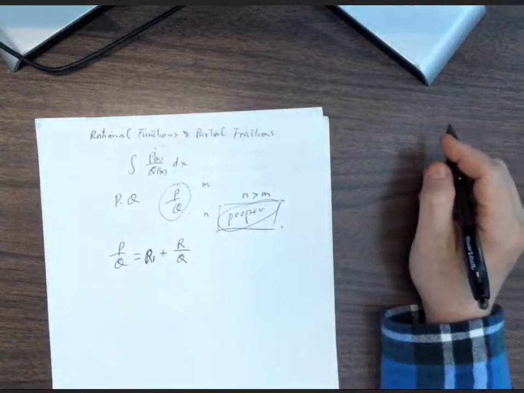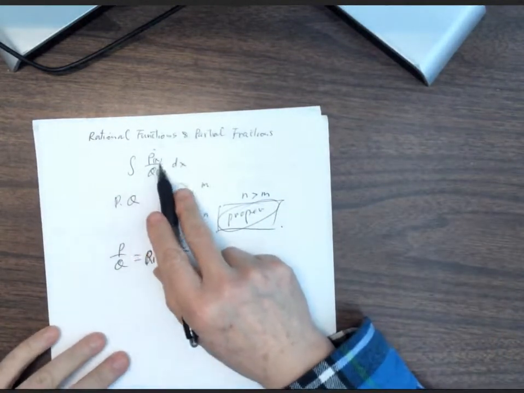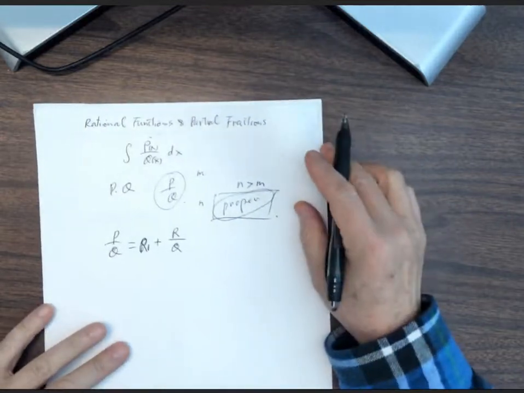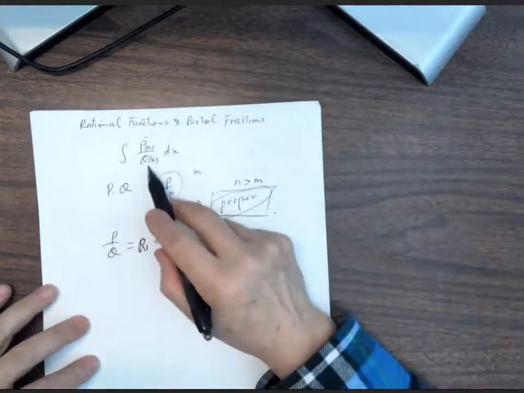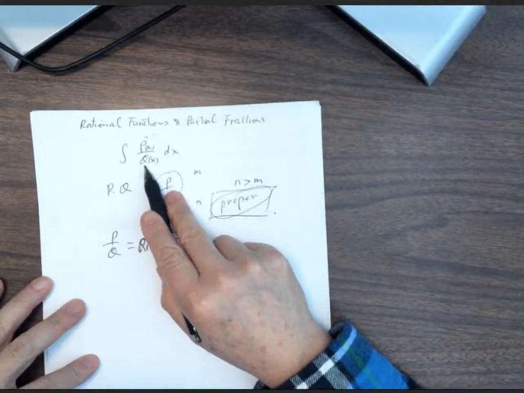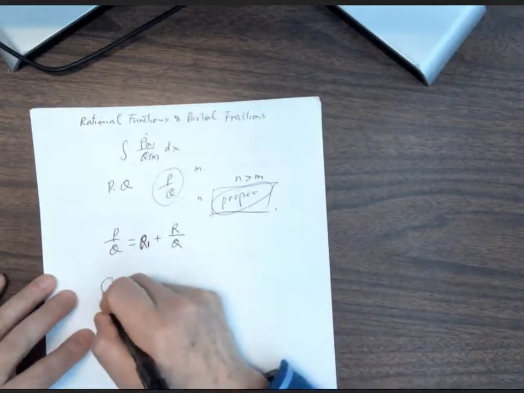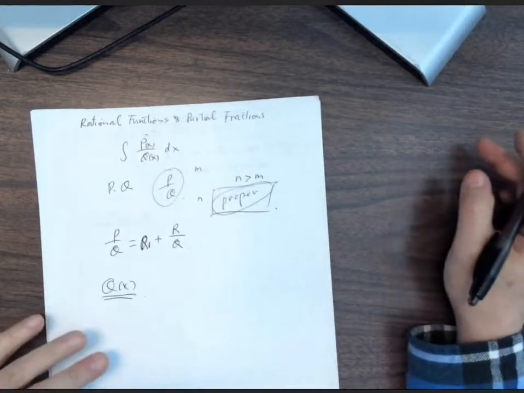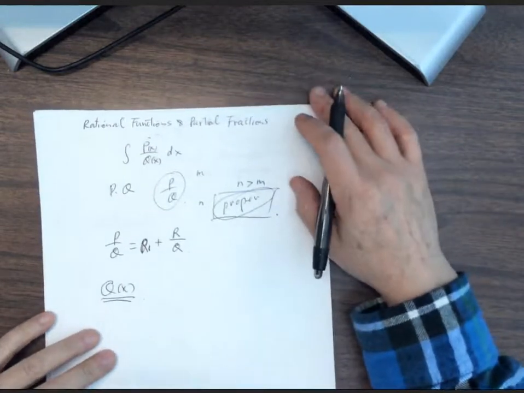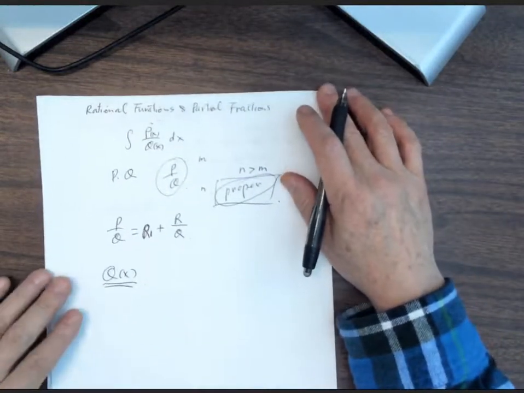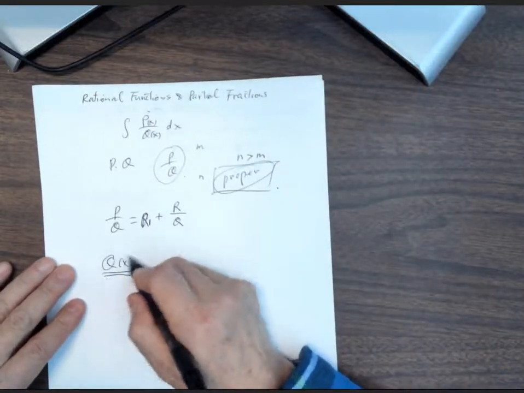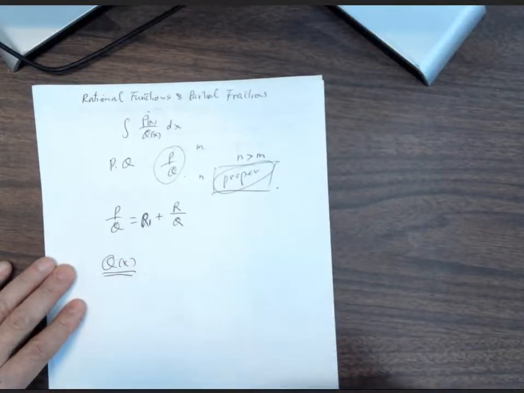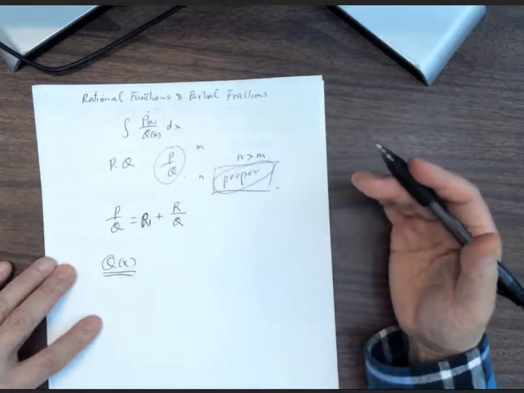Now, how are we going to integrate a fraction like this? Well, it depends on the denominator. The denominator is a polynomial, so our strategy is, corresponding to different kinds of denominator, we do it differently.